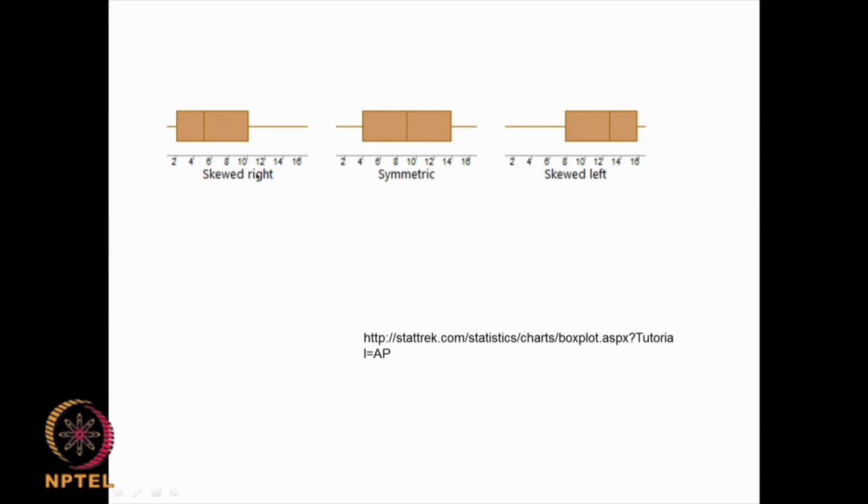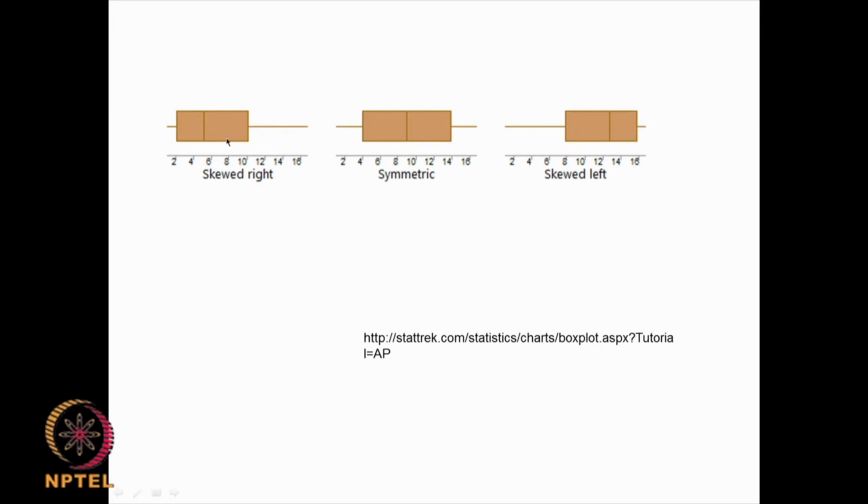So, for example, if this is your data and your box and whisker looks like this, obviously it is skewed to the right. Symmetric means it will be nicely centered, in the middle of the box, both sides equal like this, whereas if it is skewed right, you will have it like this, if it is skewed left, you will have it like this.